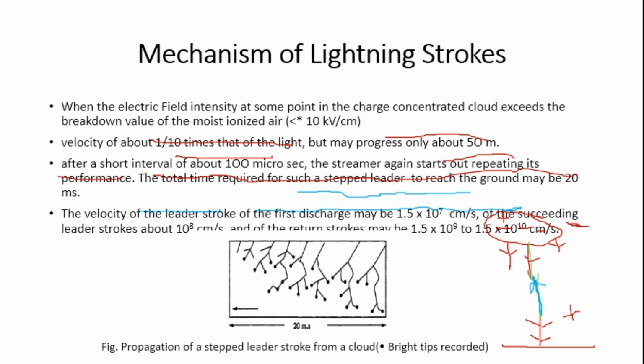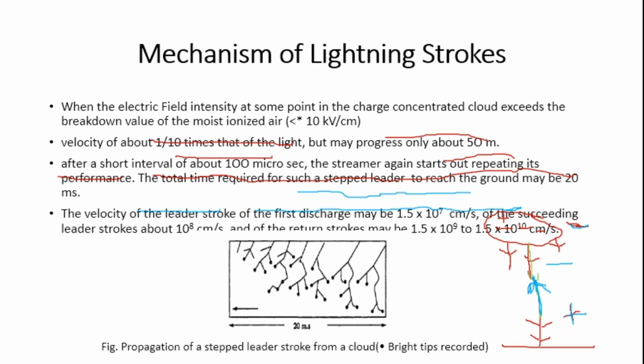So what we understood is that a negative polarity is building, and the leader carrying the negative polarity makes contact with the ground, and there is a return stroke moving from ground to the cloud, having positive polarity.